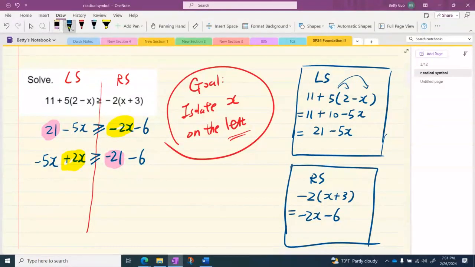We have the like terms collected. So far we have not used anything that we have not learned yet, right? We all have learned those things already. Left side, combine like terms. Negative 5x plus 2x. You lost 5 chips the first game, and you gain 2 chips the second game, but you still end up losing.